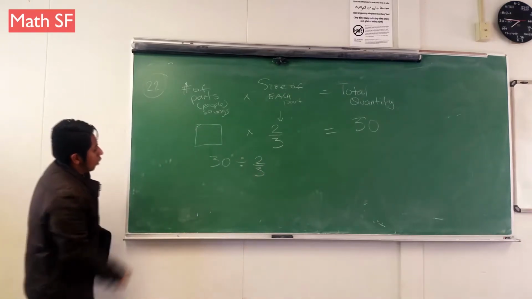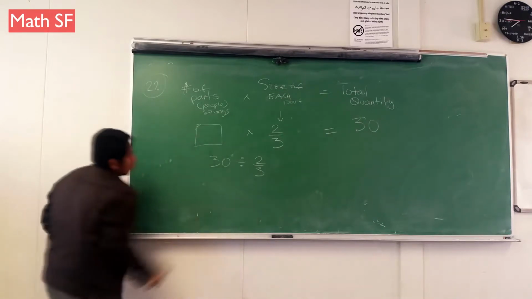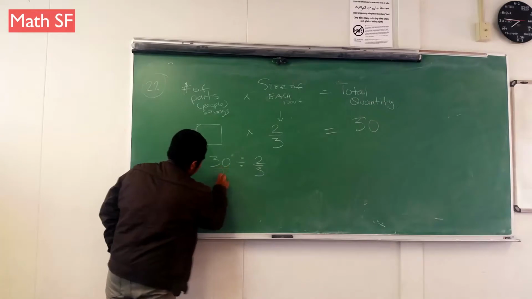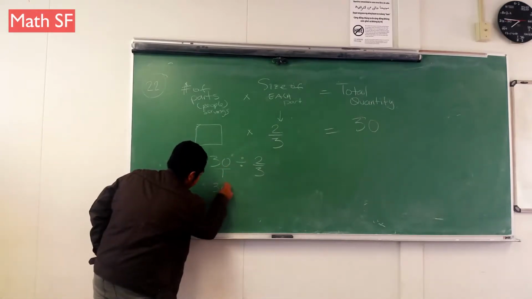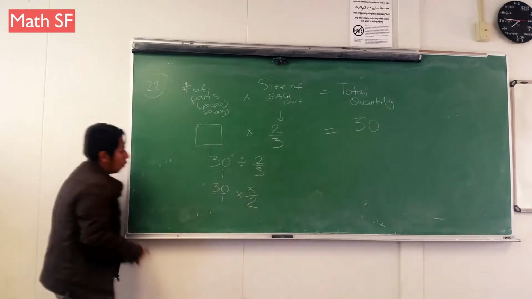Now, how am I going to do this? Well, these need to be fractions. I'll put a 1 underneath, and I've got to change the division statement into a multiplication statement. So 3 over 2.